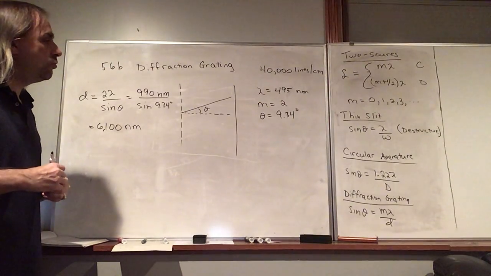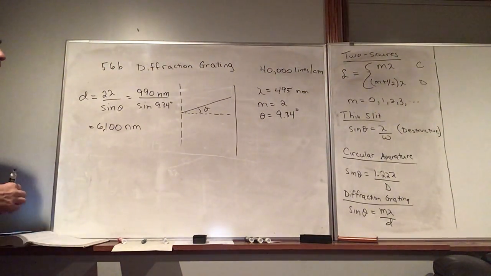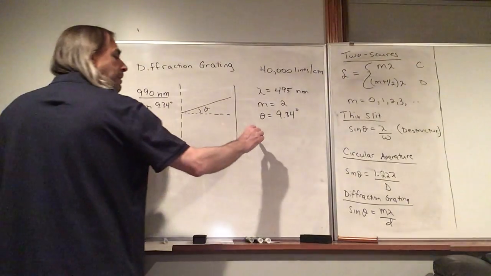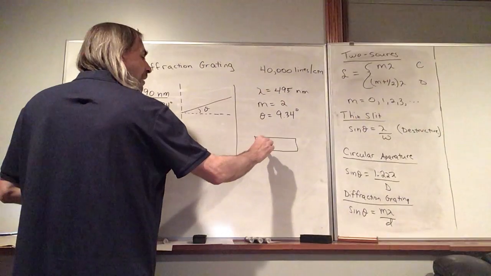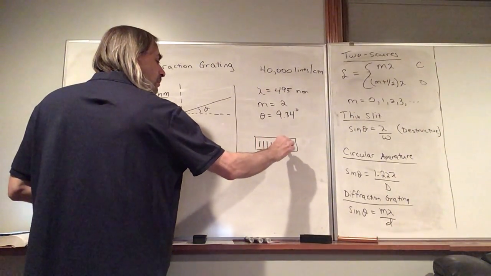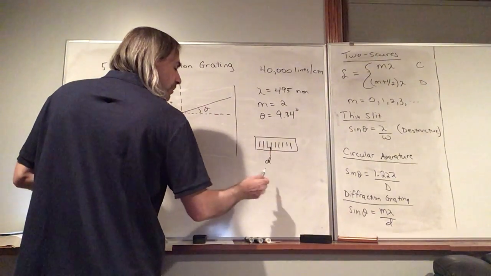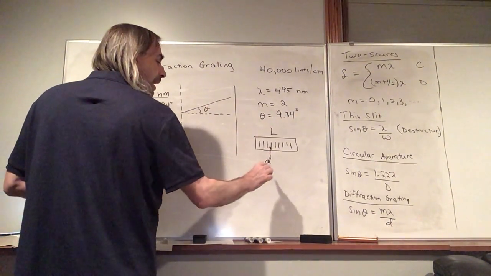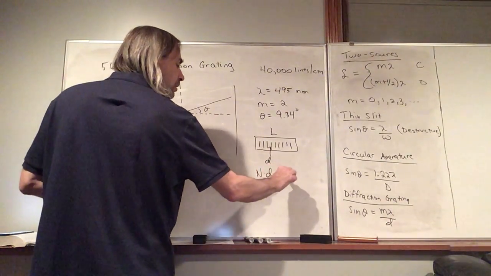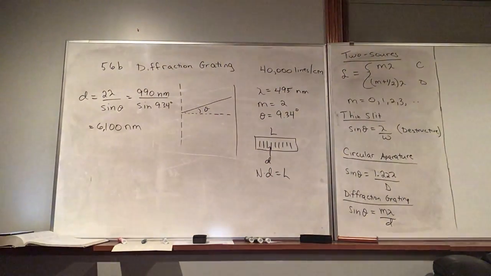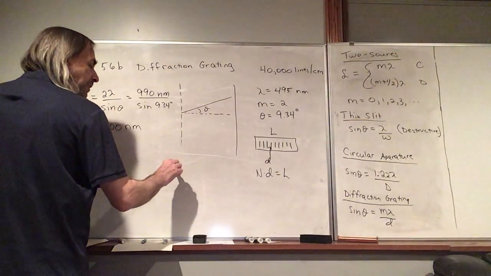So we want to know how many lines there are. Again, let's look at a diffraction grating this way. We've got these lines here, and they're separated by a distance d. So we can see that, let's say it has a length L. We can see the number of lines times d equals L. Now, there might be a little bit of an error in that assumption.